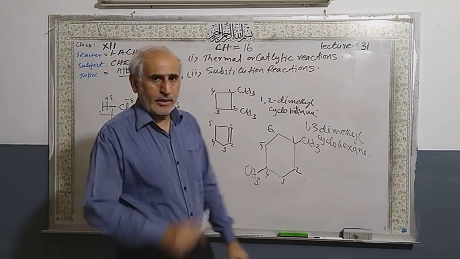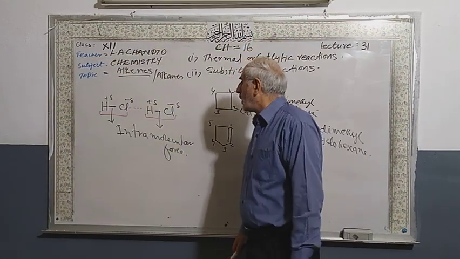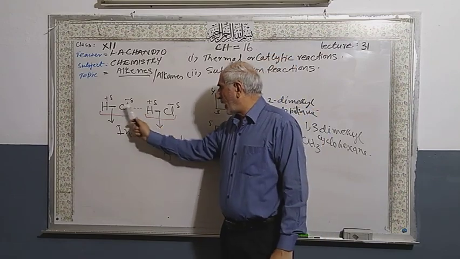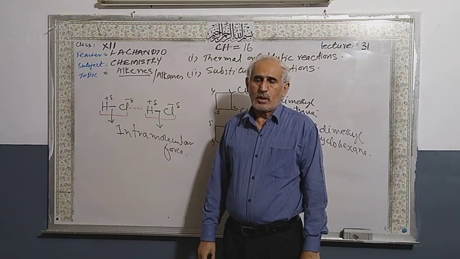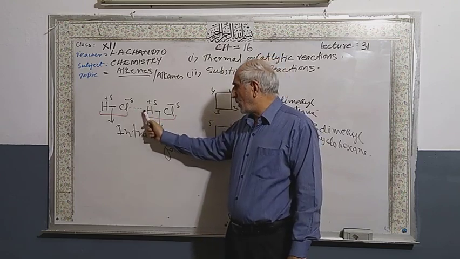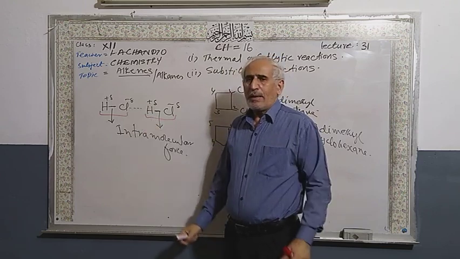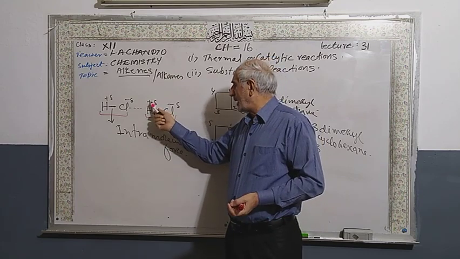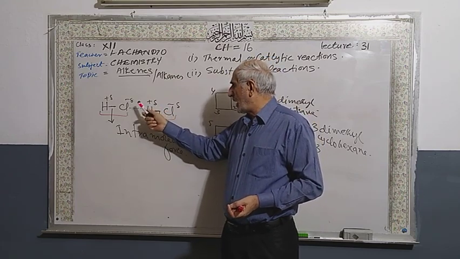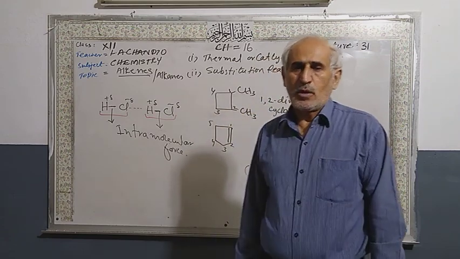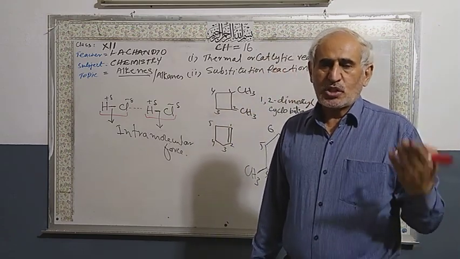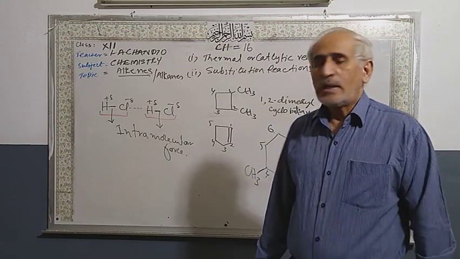I have differentiated it with the broken lines. This is also between hydrogen and chlorine, but this bond is not formed by mutual sharing. This force is formed by the partial positive charge and partial negative charge due to the difference of electronegativity. Attractive forces due to the polarity.